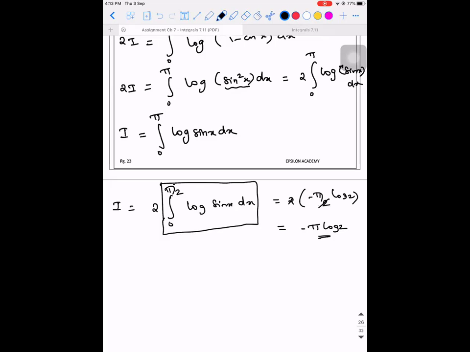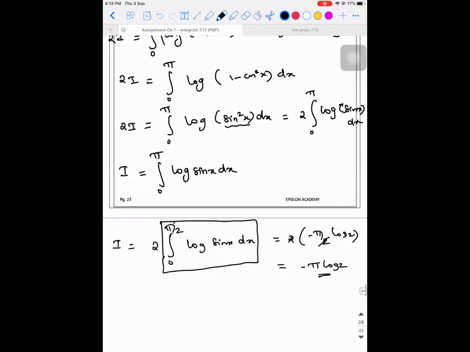So minus pi by 2, this 2 and this 2 will get cancelled. I hope everyone is clear with this. Can you just scroll up for a minute? Sure.